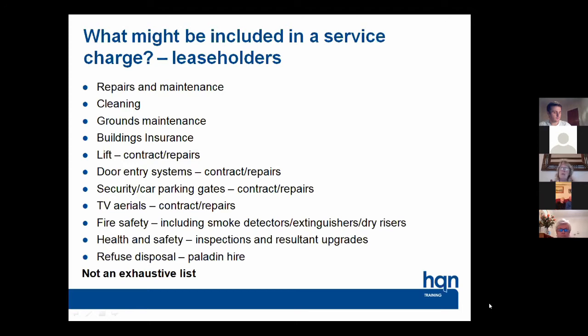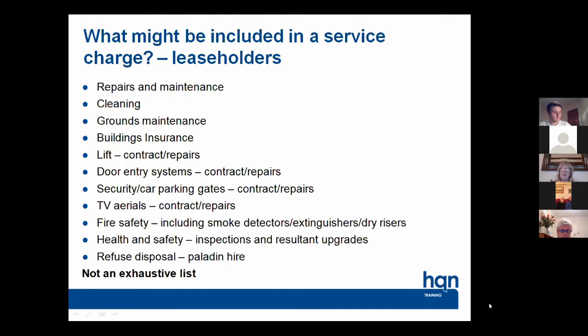So repairs and maintenance, we talked about responsibilities, who's responsible for what, and the lease dictates that, as we mentioned last night. What other services might Southampton be delivering to you, or providing rather? Cleaning, so they might have a caretaker service, or they might have an external contractor coming in to do the cleaning.